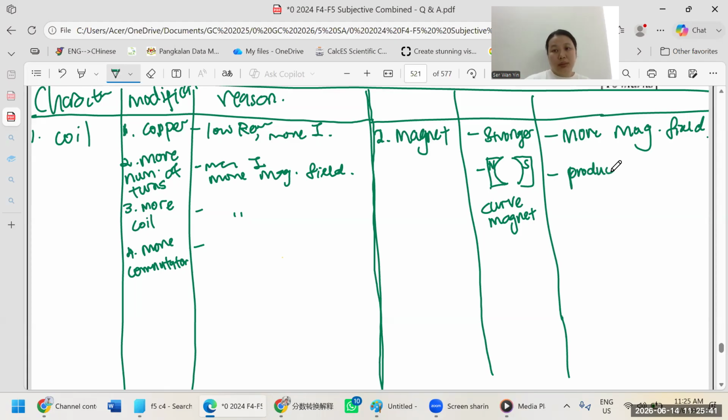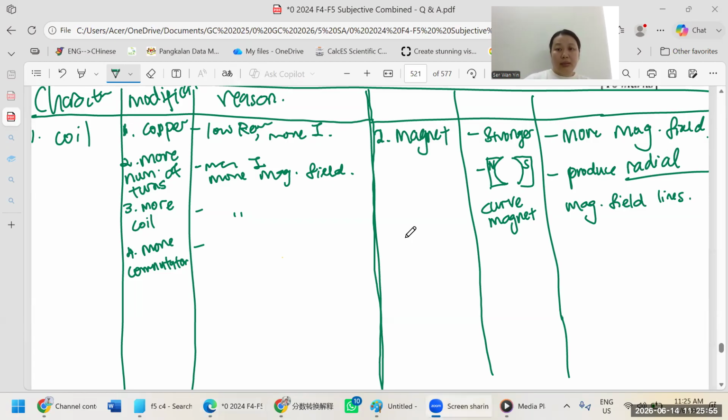Produce what kind of magnetic field line? Yeah, radial magnetic field line. Okay, 1, 2, 3, 4, 5, and 6.